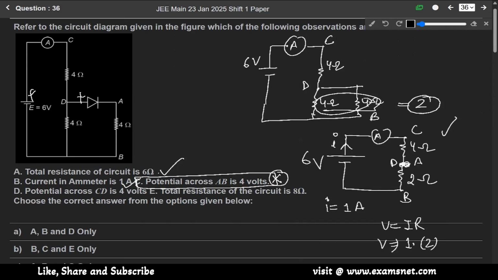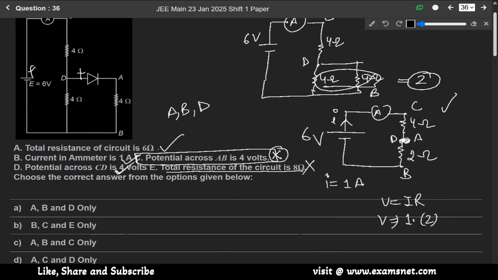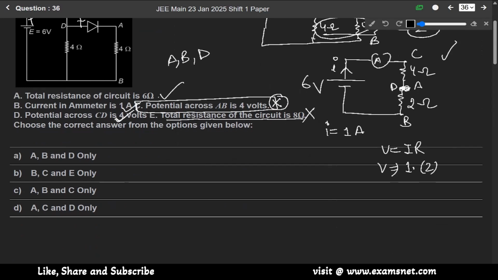Potential across CD is 4 volt. This is correct. Total resistance of the circuit is 8 ohm. This is wrong. So among these five options, A, B, and D are correct. So for A, B, and D, option A is the correct answer.